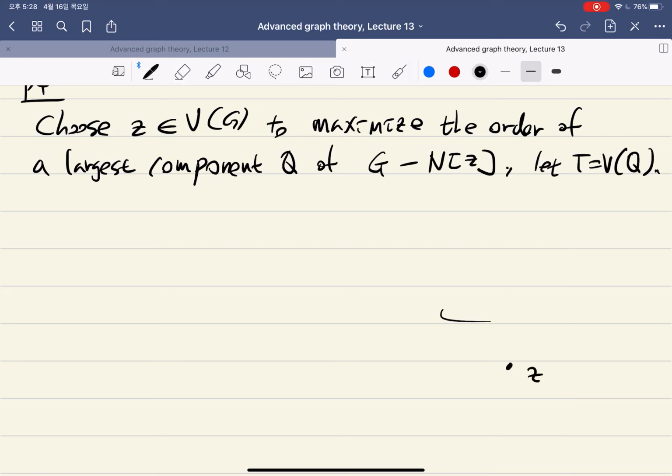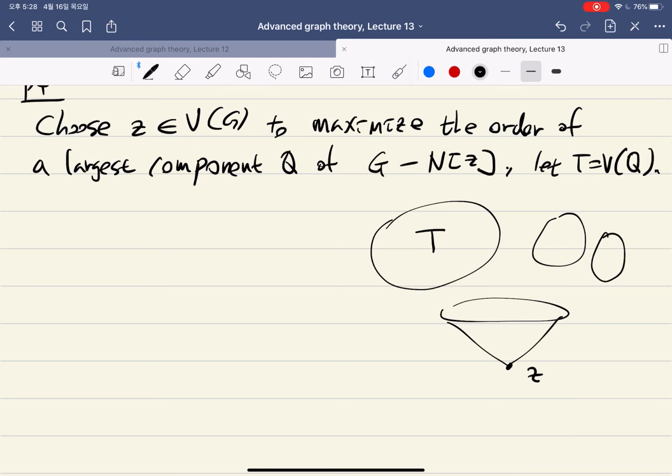We have G and it has neighbors. Once you delete these neighbors in the graph, then you get this component T, and then say a last smaller one. So we choose this G so that this T is the largest.